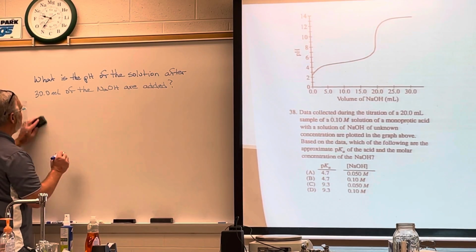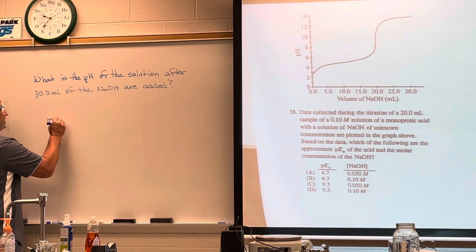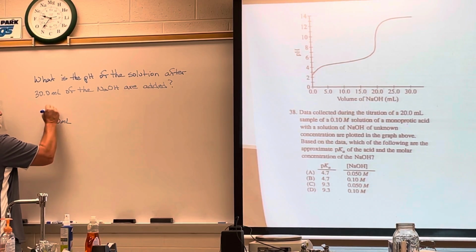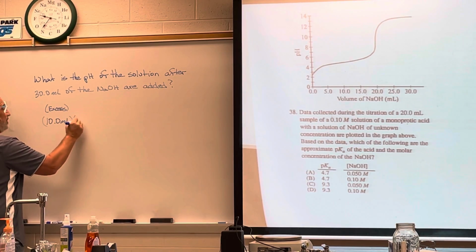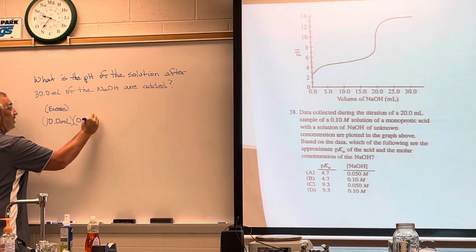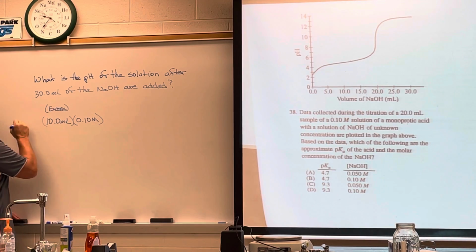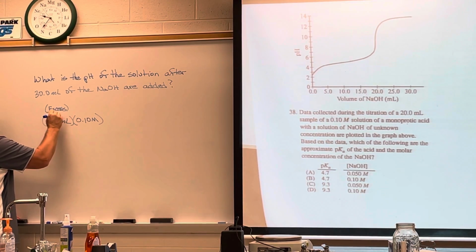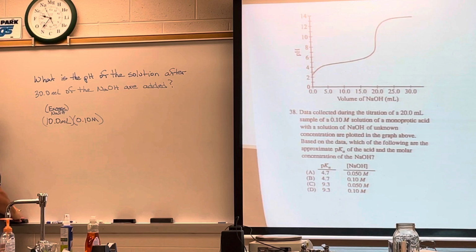I can just keep it in milliliters here. 10 milliliters, and that's my excess, times my 0.1 molar. This is for the excess NaOH.